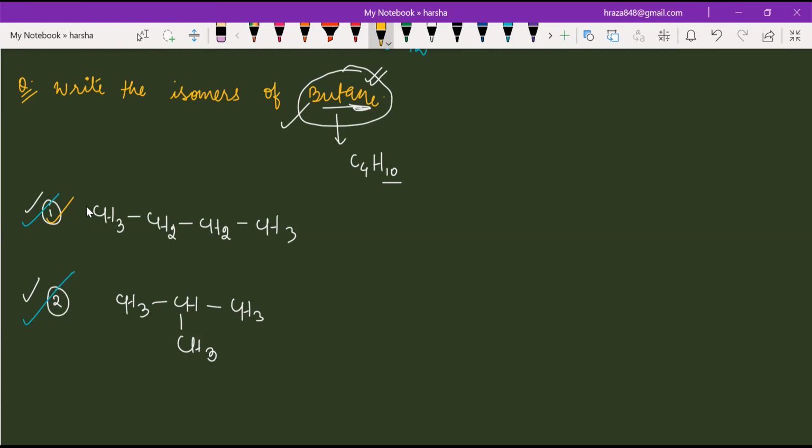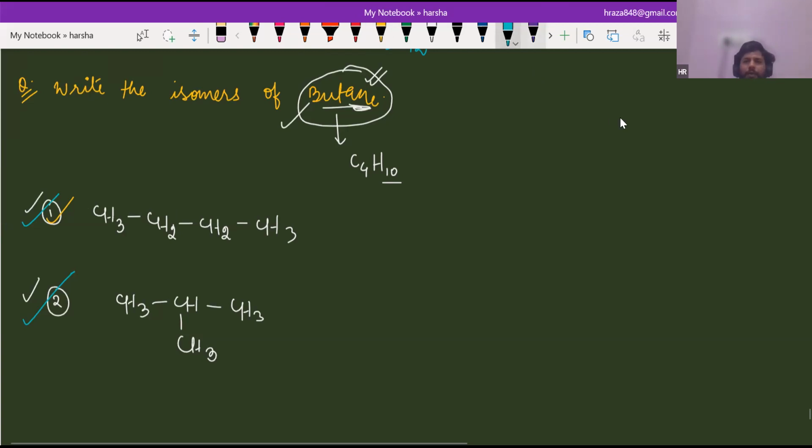First one is butane. Second one, so it's all right. This is correct if we number it: 1, 2, 3, 4. There is no branch in this, so we jump to the parent chain: 4 carbon, but, and singly bonded, ane.